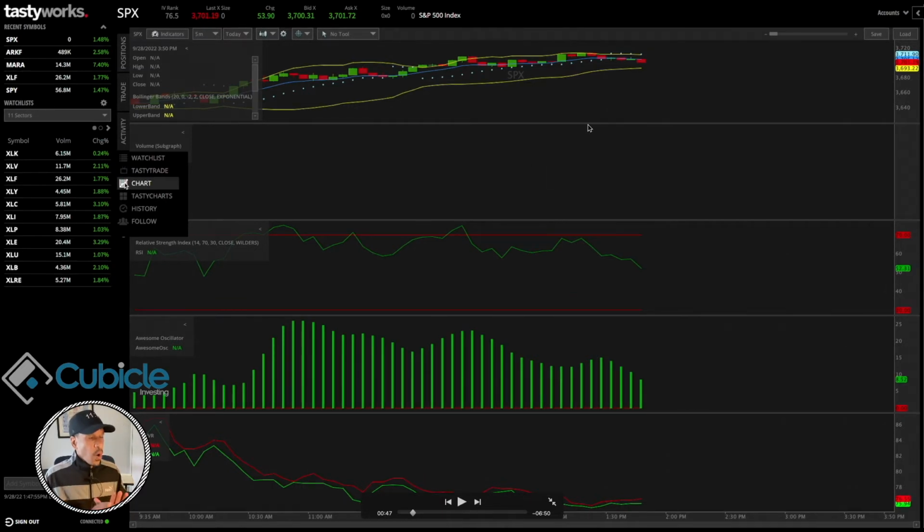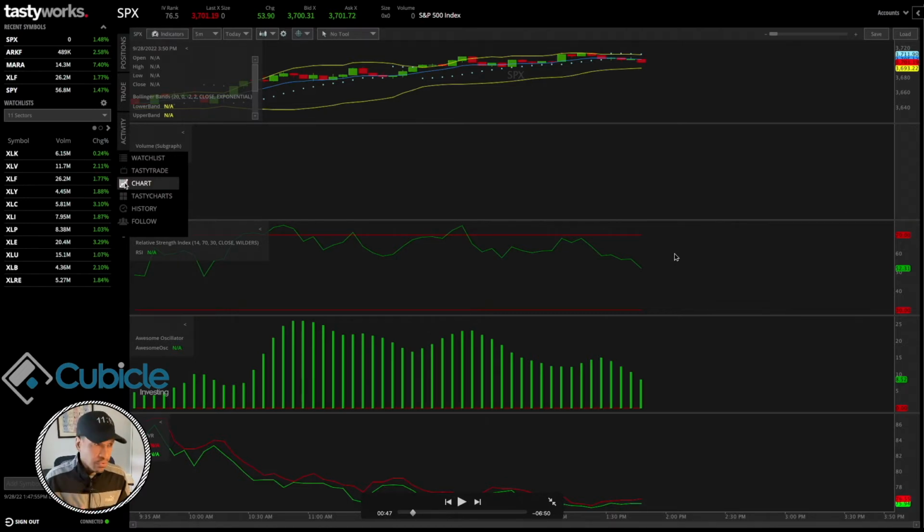Now, the reason why I went on the call side: a vertical call credit spread is a bearish strategy, meaning you put it on because you are anticipating that the price of the underlying, in this case SPX, is going to drop in value.